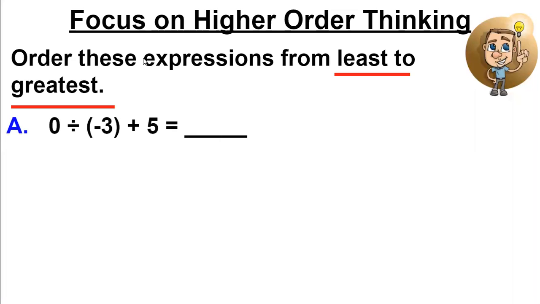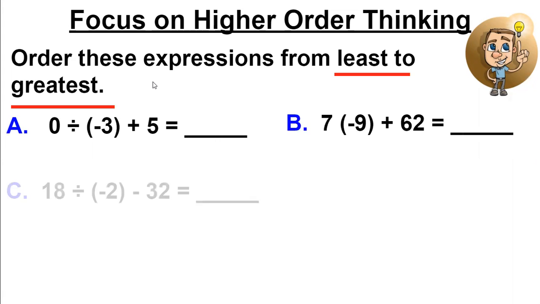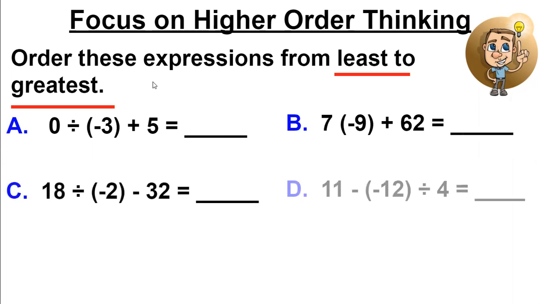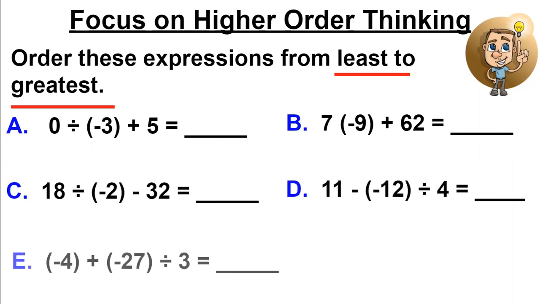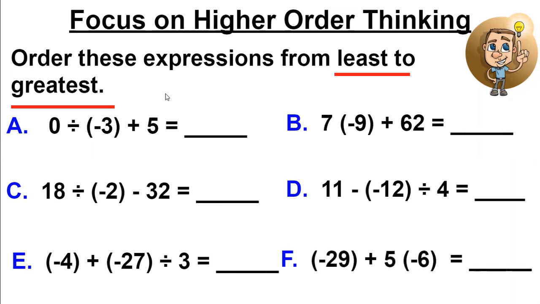So we have this expression, B's expression, C's expression, D's expression, and E. I don't think there's an F. So now we have to figure out the answer and then we have to put them in order from least to greatest. Yep, there is an F. Okay, A, 0 divided by -3.